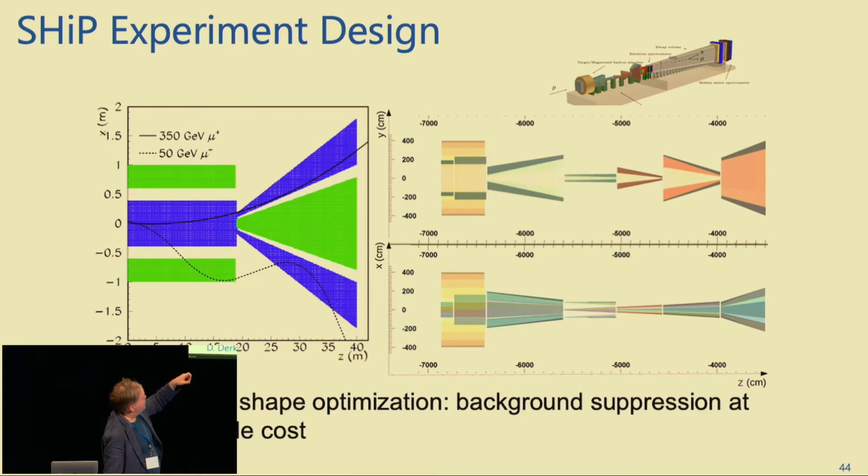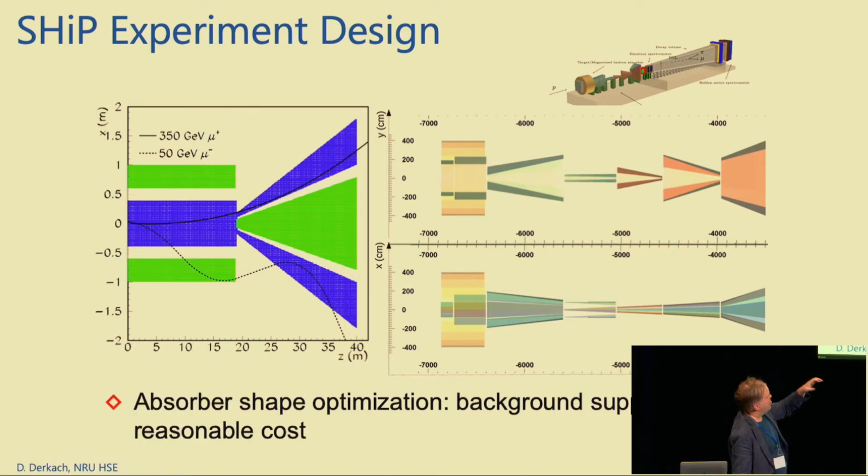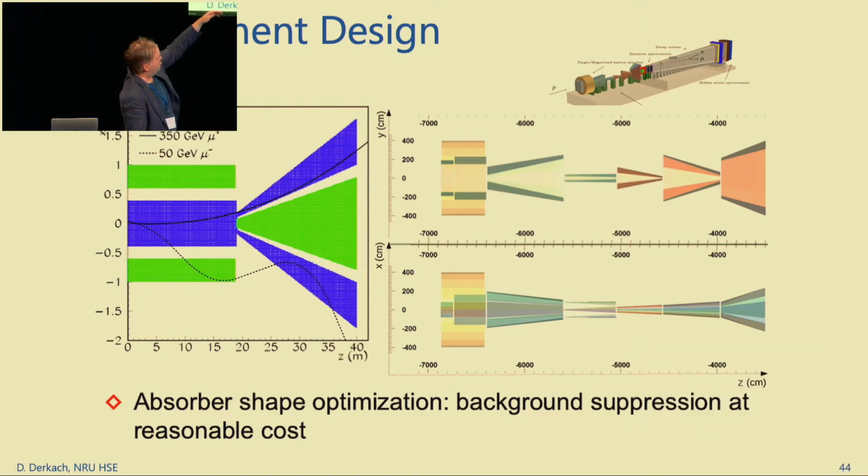The problem is that we don't want this particle to produce any daughters inside the experimental setup. So we need to reduce the amount of radiation noise, so that we measure nothing inside there.